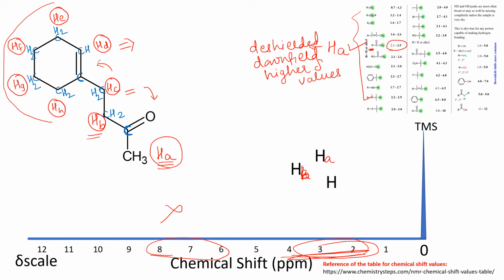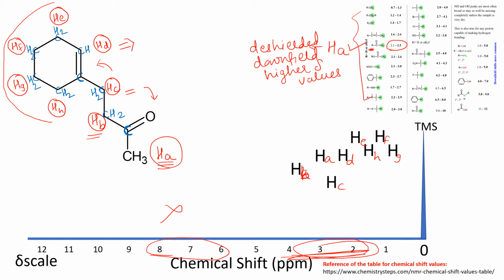Then we will have HC. Then I think we should have HD because it is closer to the double bond. Then we can have E, then HH, then F and G. Here we are just predicting based on theoretical knowledge.